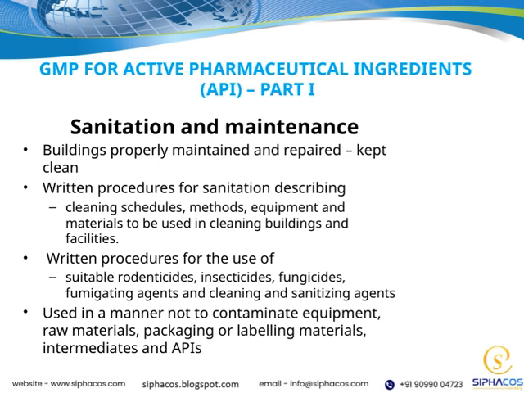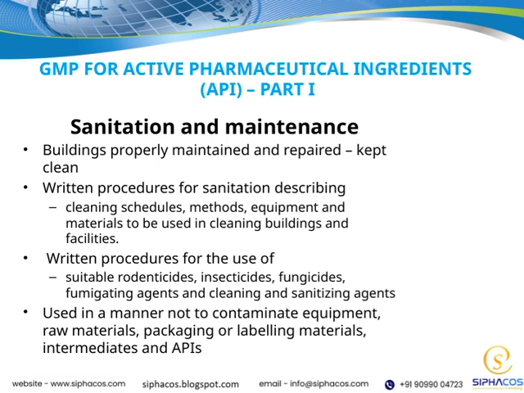In addition, we must have written procedures for the proper use of pest control agents like rodenticides, insecticides, fungicides, fumigating agents, and sanitizing agents. It's crucial that these substances are used correctly to prevent contamination. This means applying them in a way that doesn't compromise equipment, raw materials, packaging, labeling materials, intermediates, or the APIs themselves.